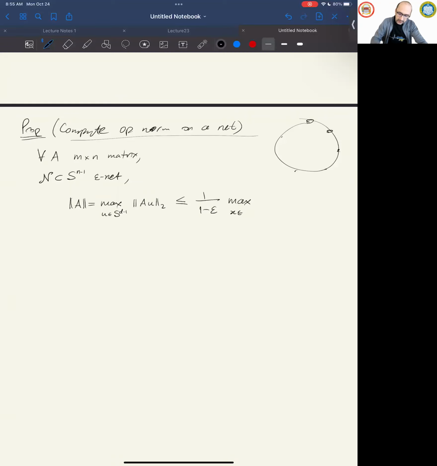So I'm just replacing the sphere by the net here and doing nothing else. And I'm losing a little factor. Epsilon is small, so it's going to be close.